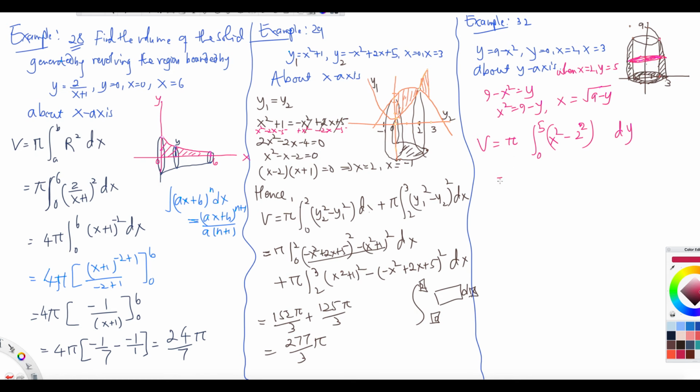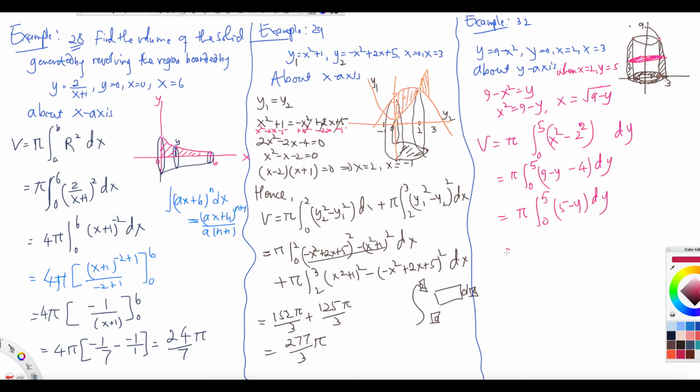Okay, that will be pi integral from 0 to 5. What is x squared? That is 9 minus y, right? So 9 minus y, minus 2 squared, which is 4, and then dy. You see that? That will be pi integral from 0 to 5 of 5 minus y dy.